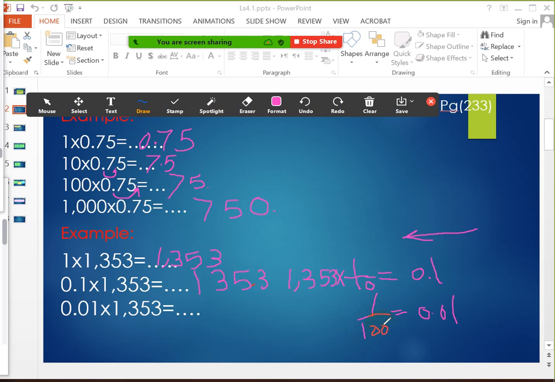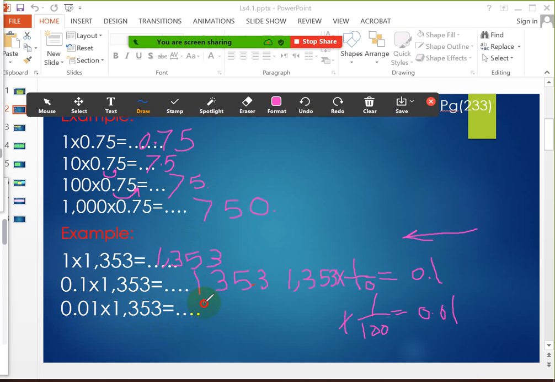That means if I want to multiply this number with this decimal fraction, you have to move the decimal point a number of digits equal to the number of zeros to the left side. Okay? So you have to move the decimal point 2 digits, because I have here 2 digits after the point in the power of 10.